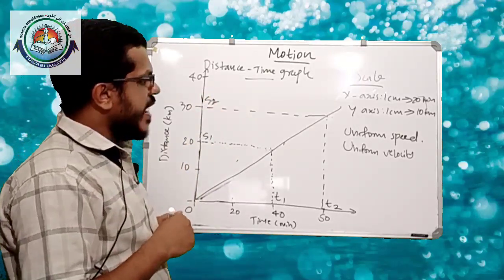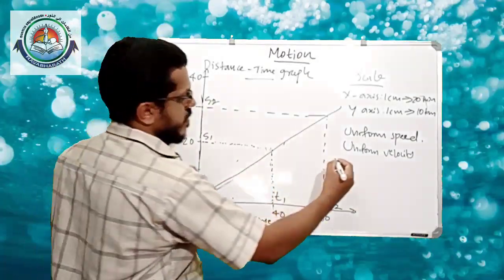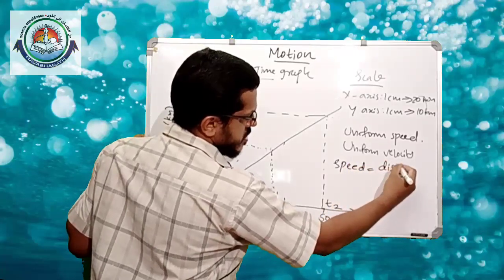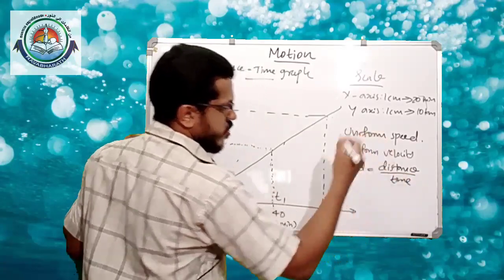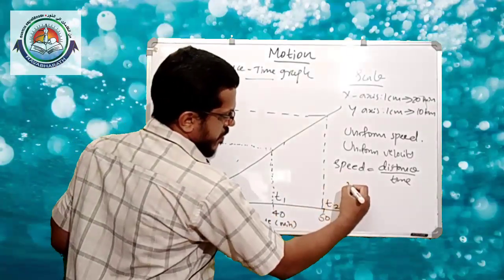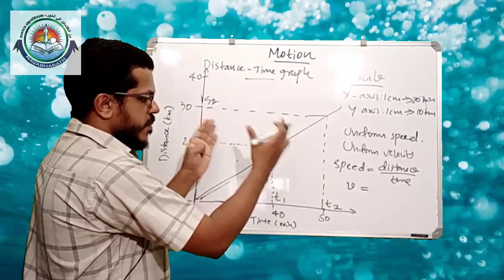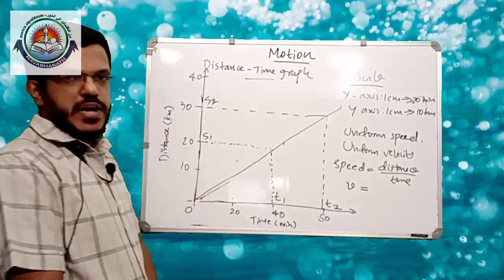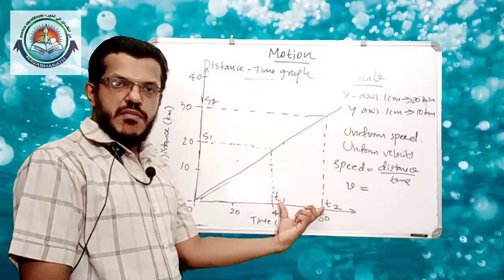Okay, then what is the equation of velocity or speed? We know that speed is equal to distance by time. We already learned that the equation of speed is distance by time, and speed can be represented by the letter v. Then how can we find out the speed of the object between the time interval t1 and t2?